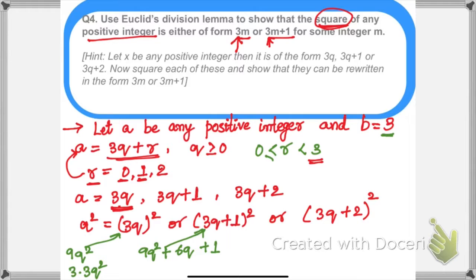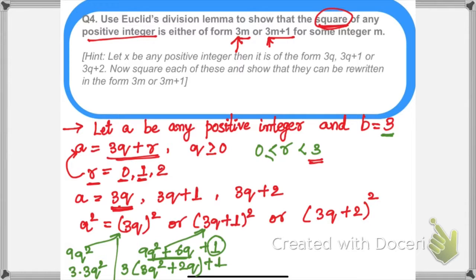Taking 3 common out of them, you will get here 3q square plus 2q. From these two I took 3 common, and this 1 I am writing as it is.